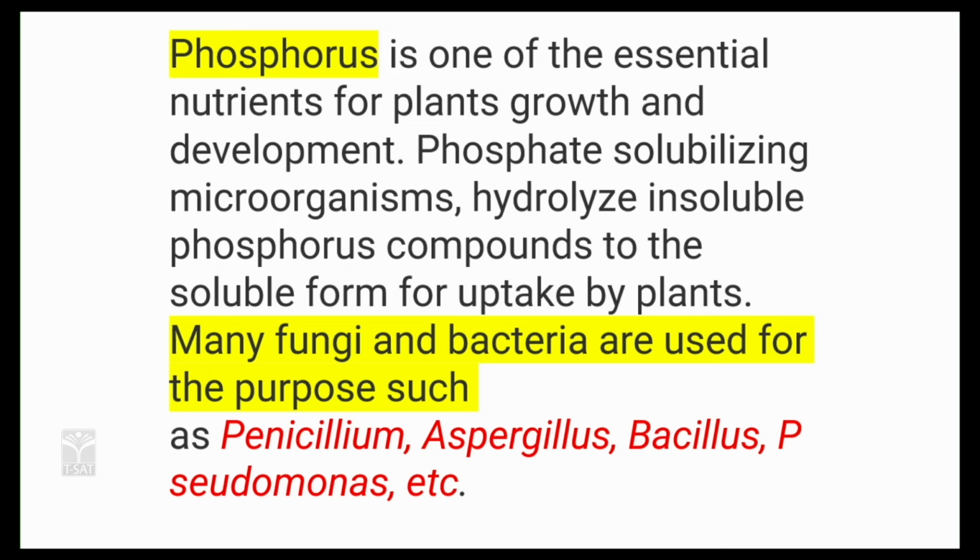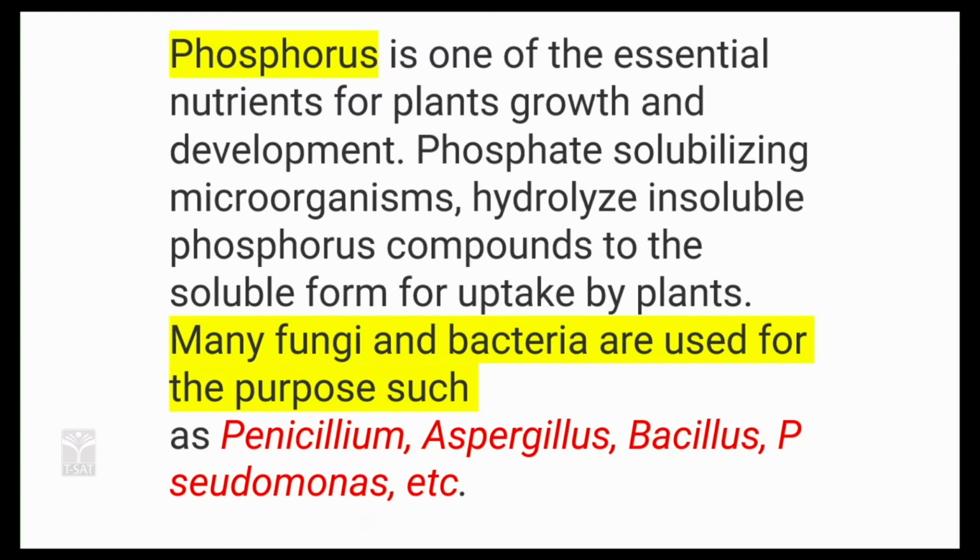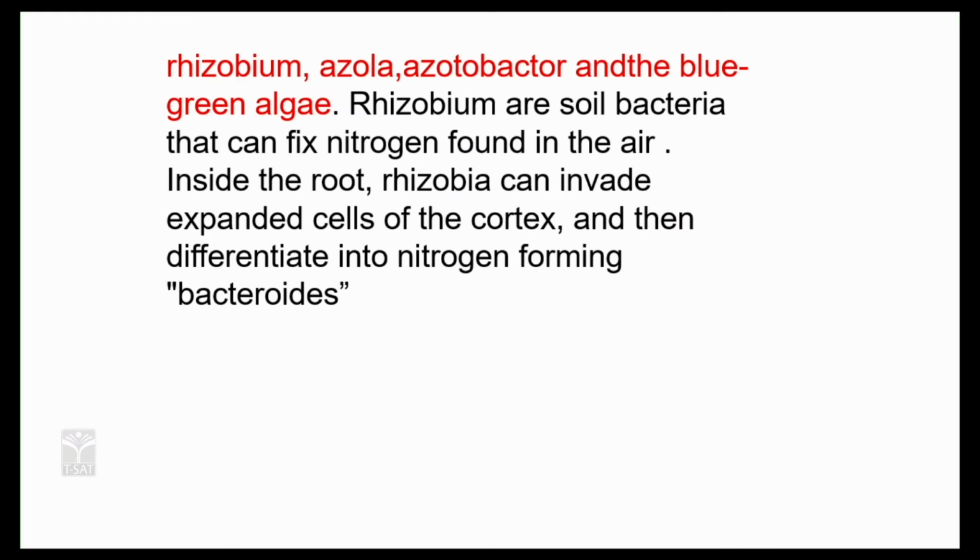In this context, you need to mention the microorganisms which are responsible for fixing nitrogenous fertilizers and the microorganisms which are responsible for fixing phosphorus fertilizers. You must be able to clearly differentiate the microorganisms which fix nitrogenous and phosphorus fertilizers, as I have specified to you on the display.